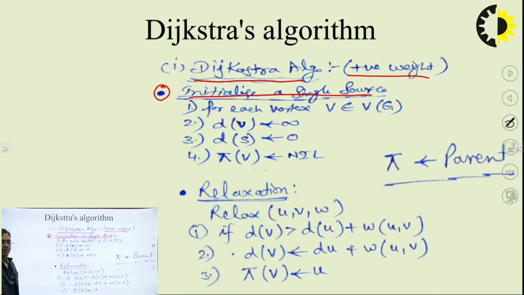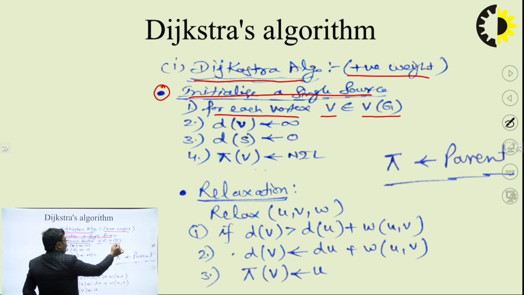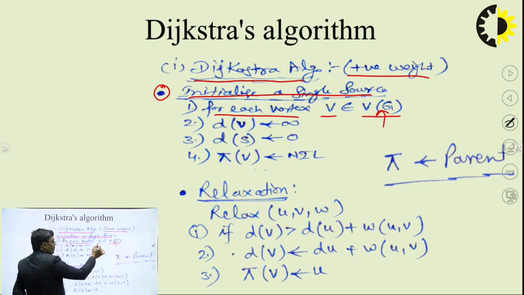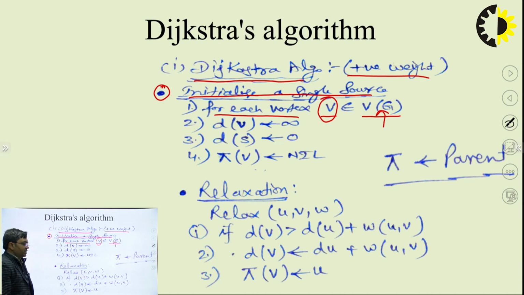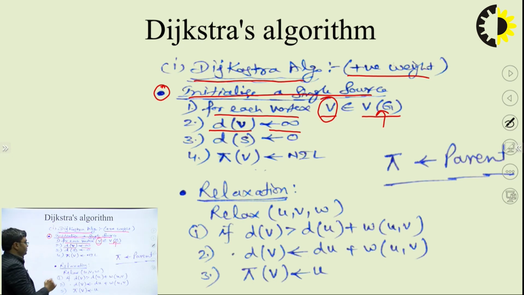If a graph has been given, firstly we initialize the single source: for each vertex v belonging to the vertices of G, we initialize d of v to infinity, and d of s to 0.